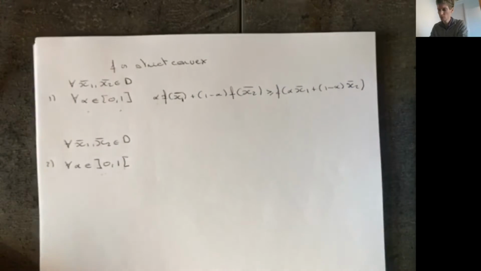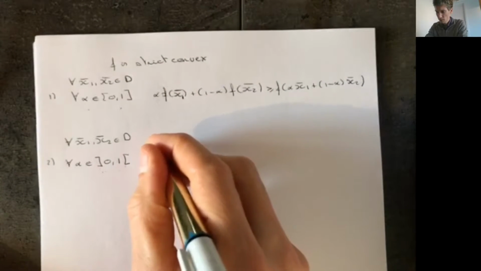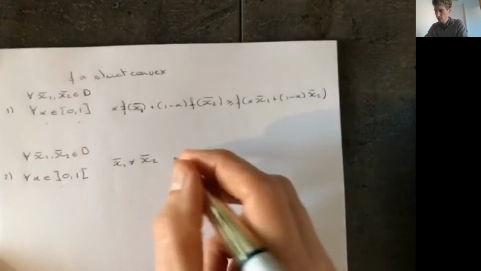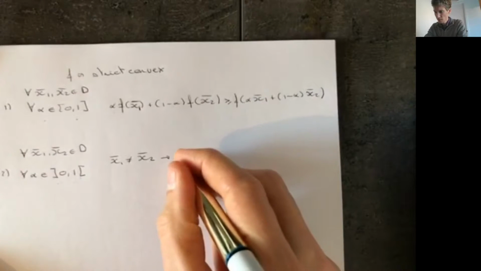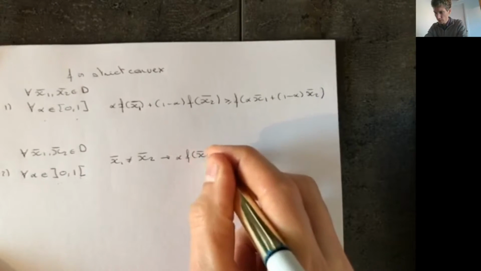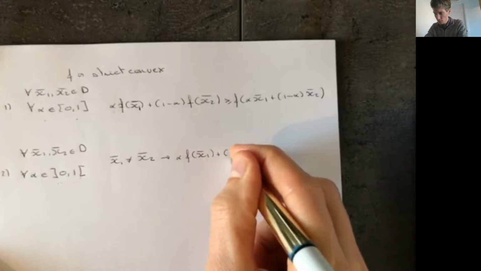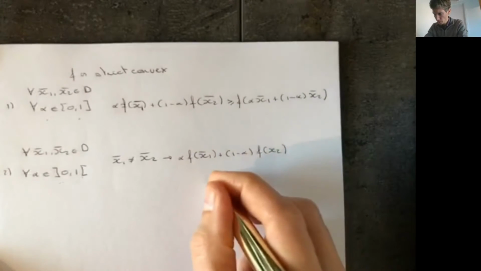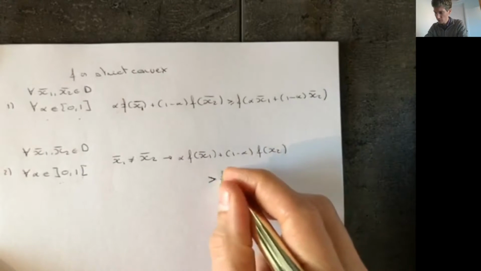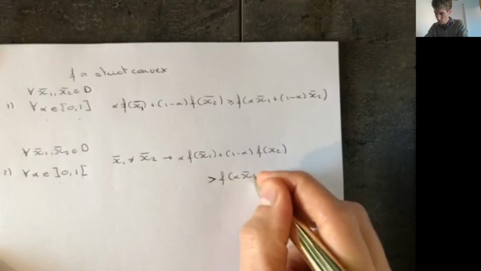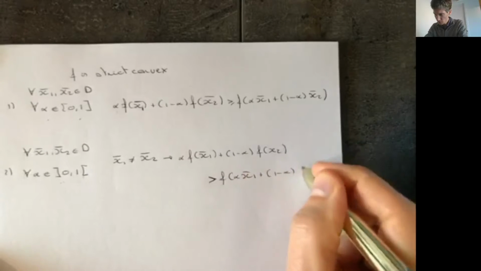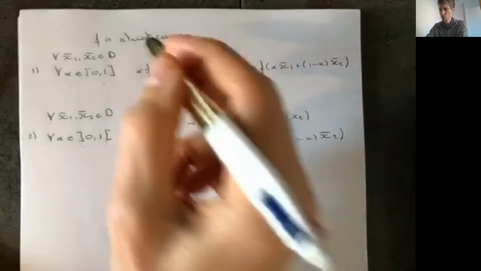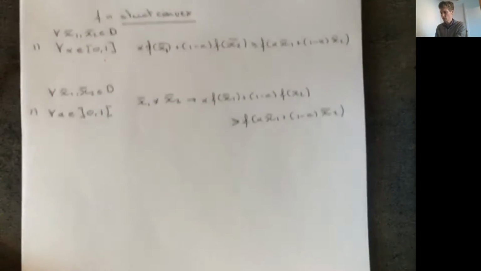Then if x1 is different from x2, it follows that alpha f of x1 plus 1 minus alpha f of x2 is strictly bigger than f of alpha x1 plus 1 minus alpha x2. Okay, so that's the notion of strict convexity.